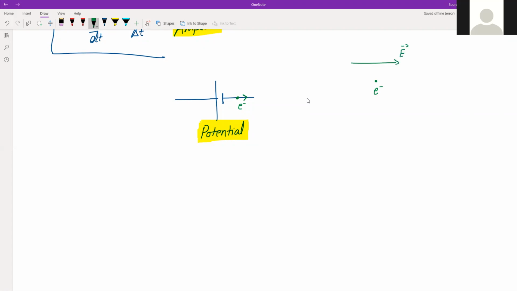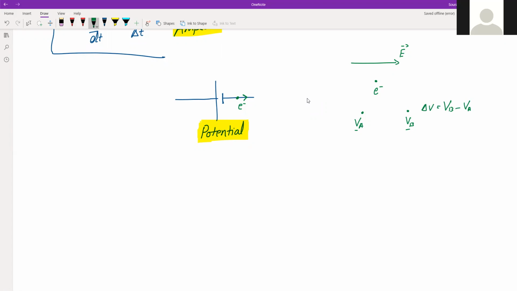To experience a force, there must be an electrical field established. So what happens if there is an electrical field? If an electron travels from here to here, between these two points there is a potential difference, potential at A and potential at B. That's how we'll denote it. And VB minus VA is equal to the potential difference, right?